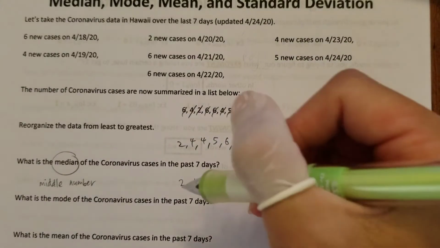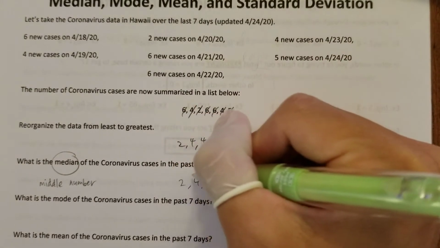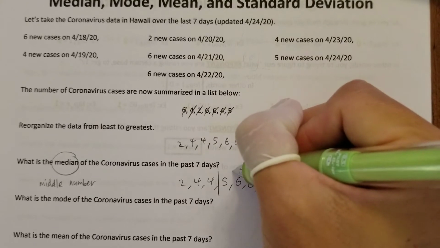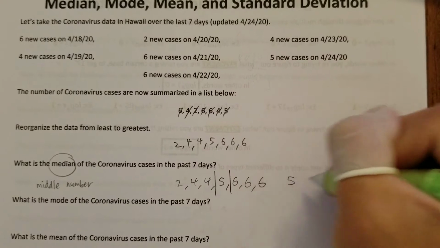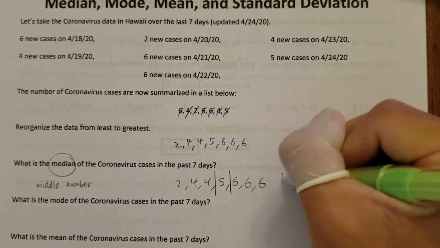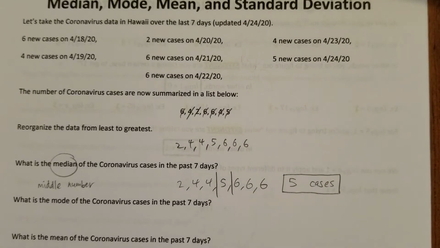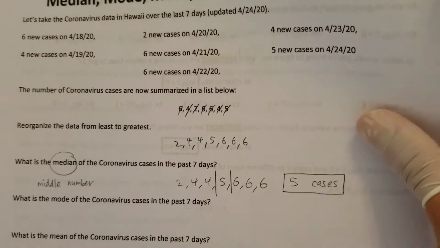The middle number is this 5. Do you see that? Because if I go 3 numbers from the left and 3 numbers from the right, the median number of cases is going to be 5 cases. I'm hoping you guys remember that from elementary school. If you guys don't remember that from elementary school, good luck in prob stats. Okay.